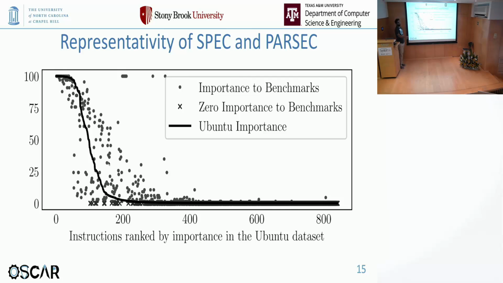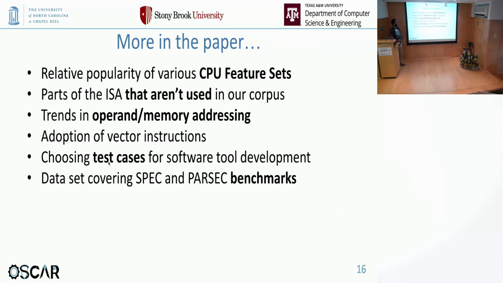It does not occur at all in the benchmarks, and hence that's a pretty important instruction for the Ubuntu dataset, but it doesn't occur at all. So anyway, there's a lot more data in the paper.